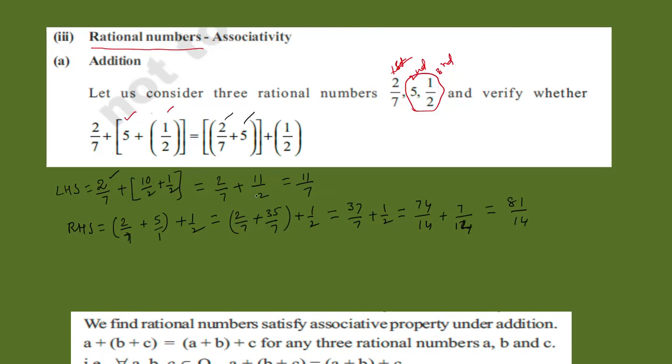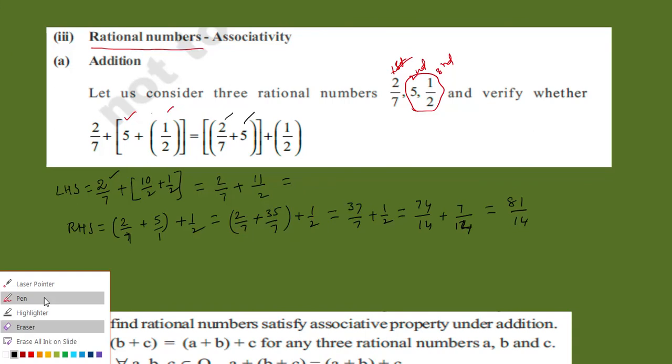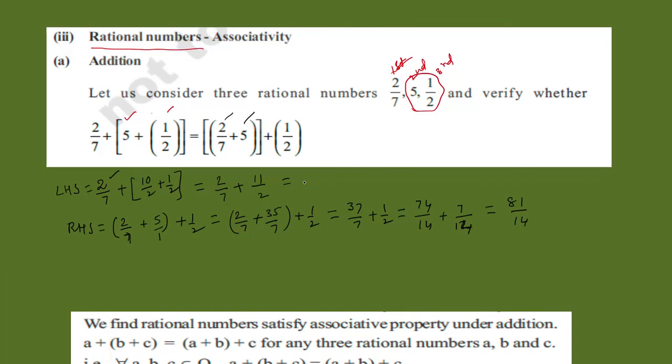Then what we get? You observe it. Two 2s are 4, so 4 by 14 plus 7 elevens are 77 by 14. That is 81 by 14. You may correct the first instance, the LHS part.